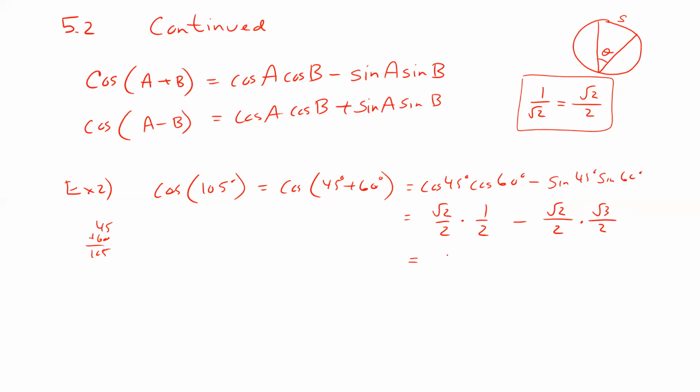Okay, and with that, multiply that together: square root of 2 on top, 4 on the bottom, and root 2 times root 3 makes root 6 as a multiplier, and voila. So that's usually our final answer there.